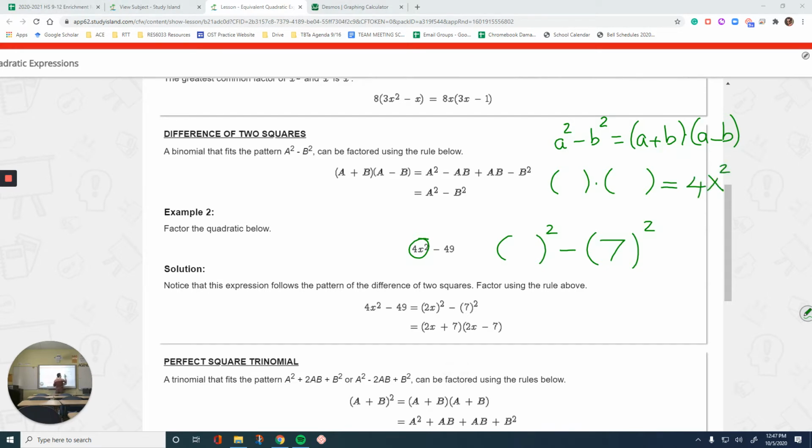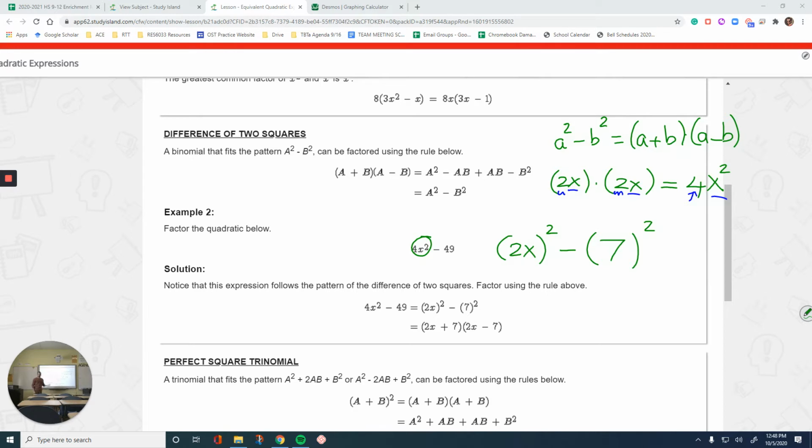So if you have 2x in here and 2x in here, 2 times 2 is going to give you 4. And then x times x is going to give you x squared. So basically the base is going to be 2x. And then we will square that, because 2x squared gives you 4x squared.